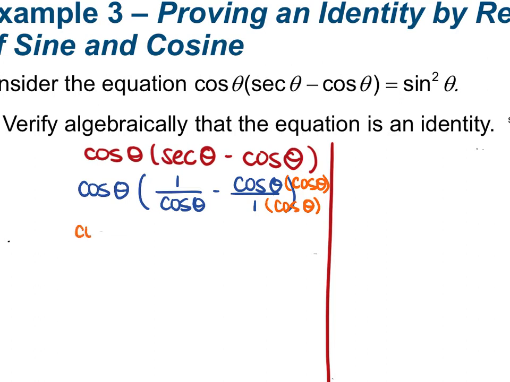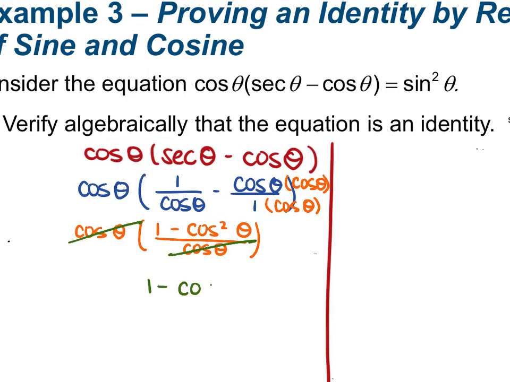So this becomes cosine theta times 1 minus cosine squared theta all over cosine theta. Now you could look at this and say, in front of my fraction, I have the same exact term as what's in my denominator of my fraction. So if I was to simplify before I multiply, they would cancel each other out. So the only thing I'm left with is 1 minus cosine squared theta.